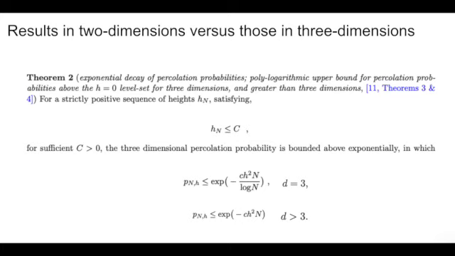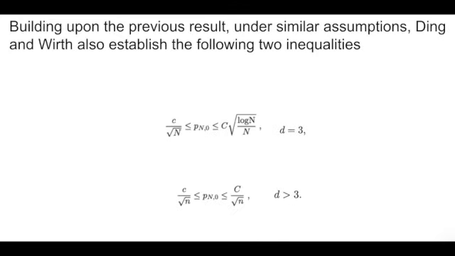And we can build upon the previous result by making use of similar assumptions in which Ding and Wirth also established the following two inequalities. From what we had just been mentioning in the previous slide, no one would be surprised to see that there is some difference in the bounds on the percolation probabilities for dimension 3 and dimensions greater than 3.